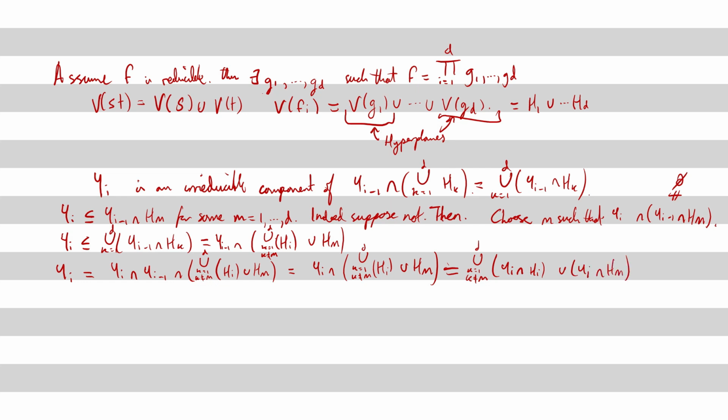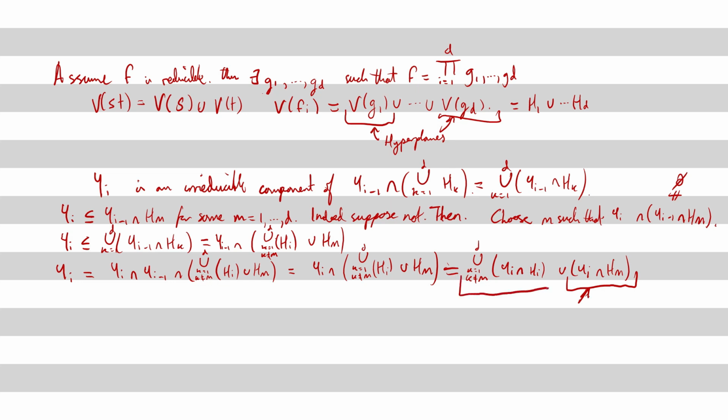Now we have finally gotten to the point where we can say H_m does not contain Y_i by presupposition, and it is not empty by presupposition. Therefore, it is a proper closed subset of Y_i.